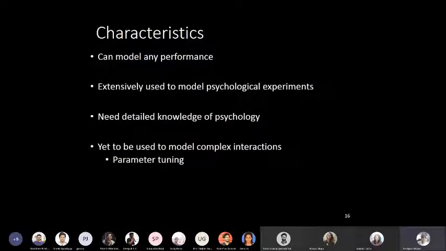So the characteristic of these cognitive architectures is that they can model any performance, although theoretically, and they are extensively used to model psychological experiments. That means someone does a visual search experiment or a reaching experiment, that means reaching a particular place, or say picking and placing, like the type of activity which we initially designed in the robotics lecture, picking and placing an object or reaching somewhere.